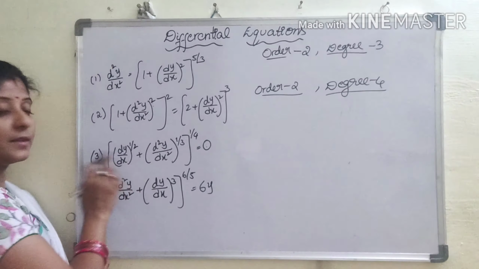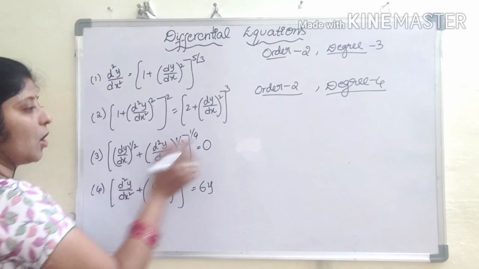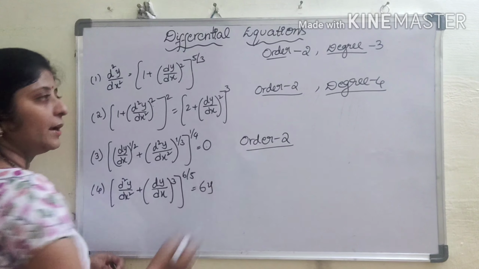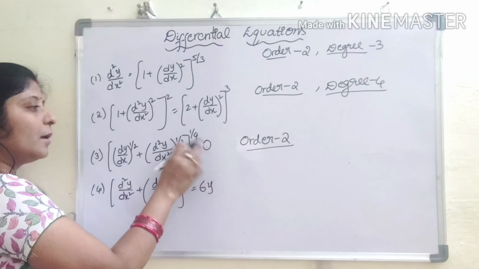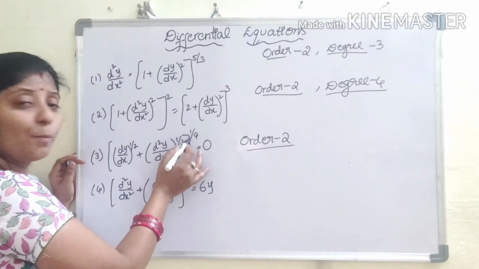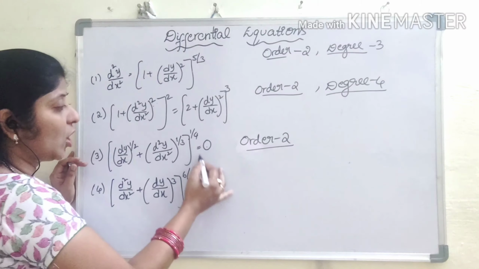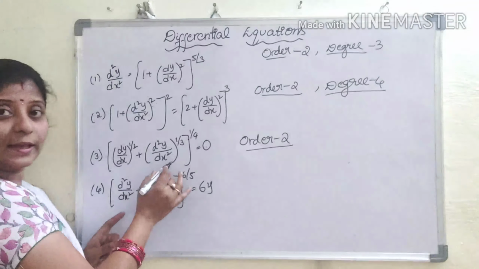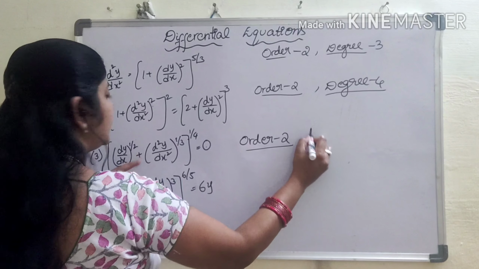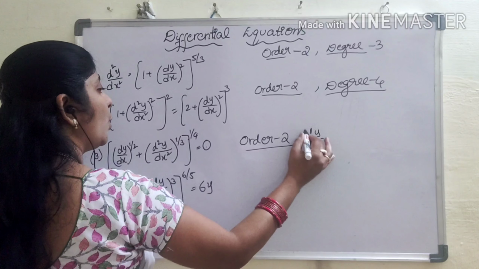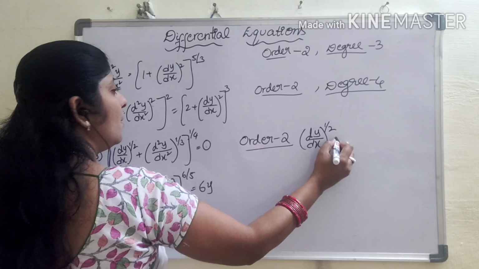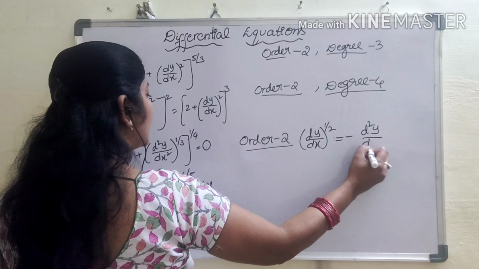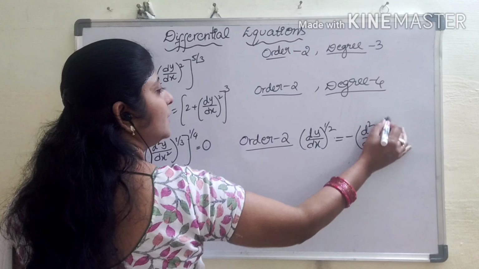And if you see the third one, here the order of the function d square y by dx square is there, so it will be 2. The right side is equal to 0, so the power 1 by 4 can be eliminated, forget that one. See this one, dy by dx whole power 1 by 2 equal to minus d square y by dx square whole power 1 by 3.